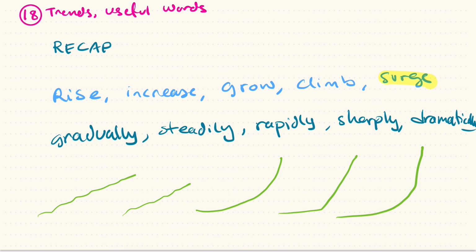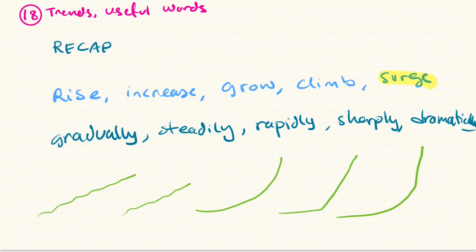It's not 100%, but generally when you say a sharp increase, you want a sharp trend or a sharp angle in your graph as well. So there are these different adverbs that you can use to describe what kind of increases you have in your graph.